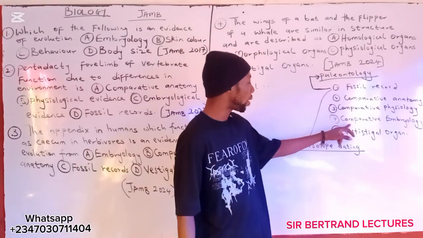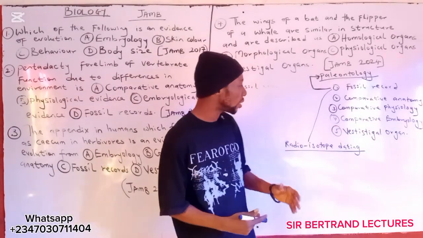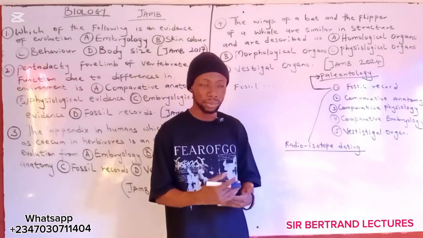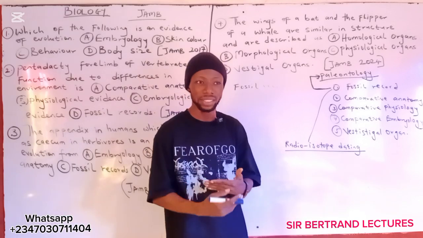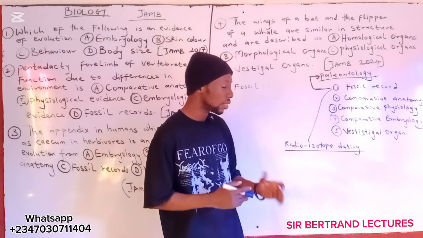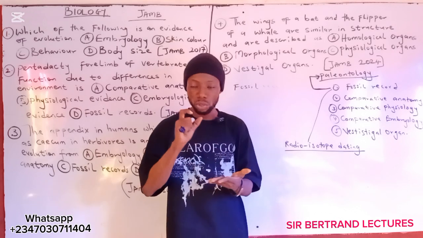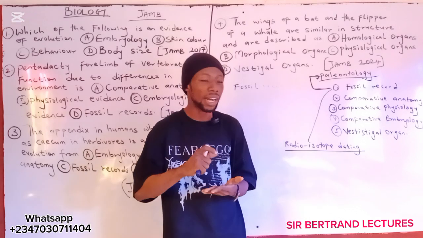Then the next is comparative embryology. This has to do with the resemblance in structures as the organisms are formed, developing in the womb. All right. So during the embryological development of man, there was a time man looks like fish, having two-chamber hearts.